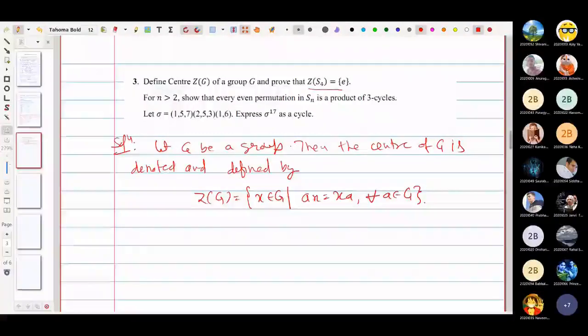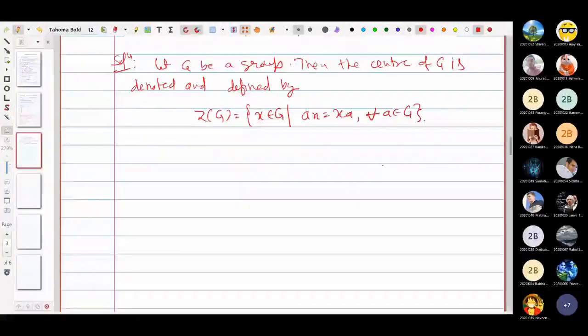Now, in the next part we need to prove that the center of S4 is identity.